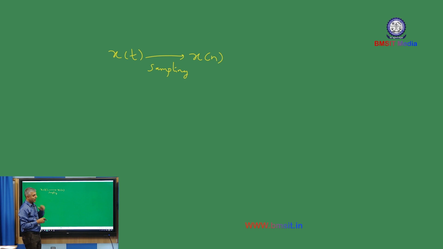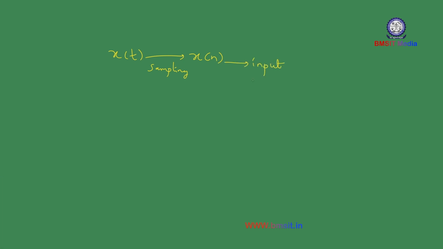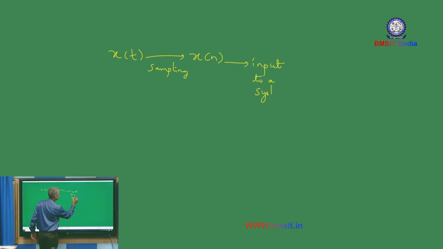This signal x of n is the input to a system. The system is expected to process x of n, not x of t. It will process x of n and extract the information.